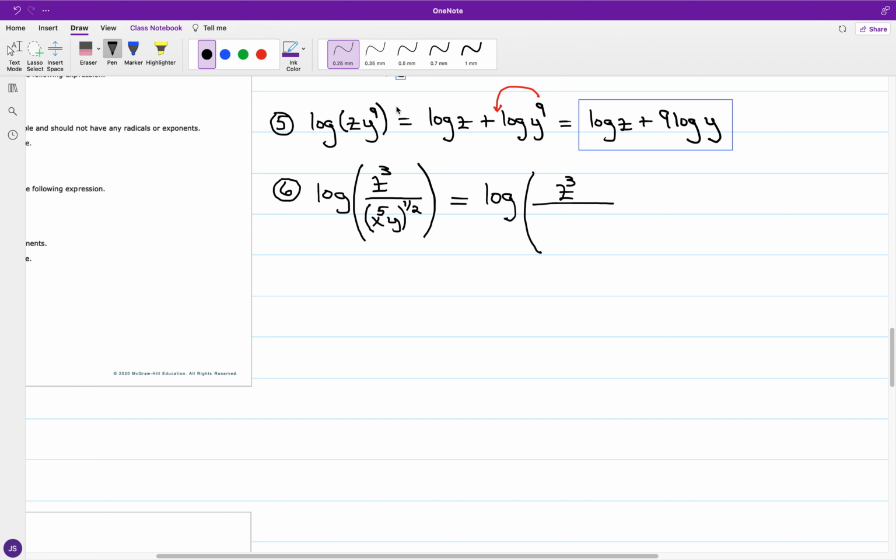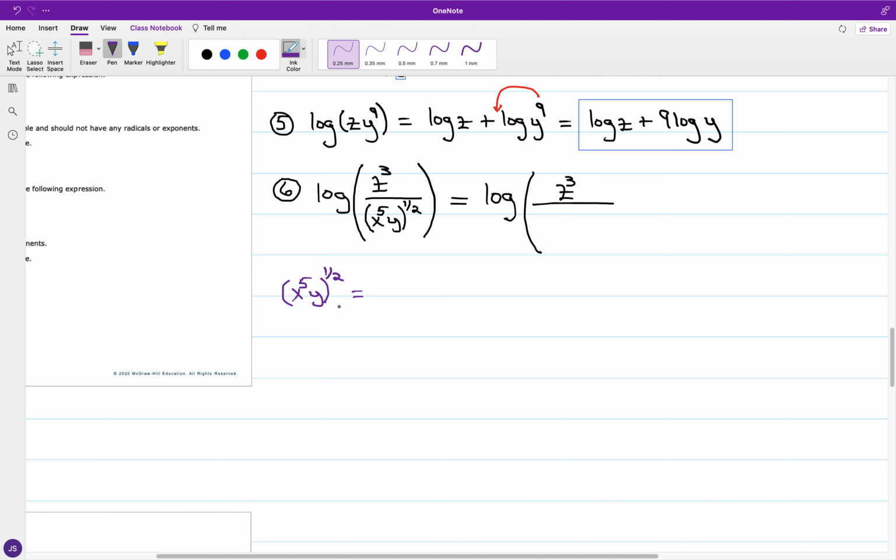Now for the denominator, x to the fifth y, all raised to the 1/2 power. There's a bit of a trick to this. The square root of x to the fifth y is x to the fifth y to the 1/2.